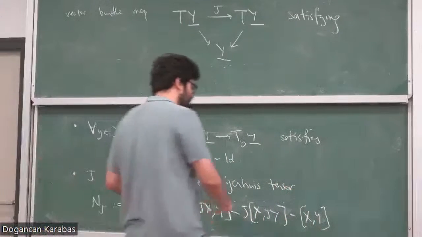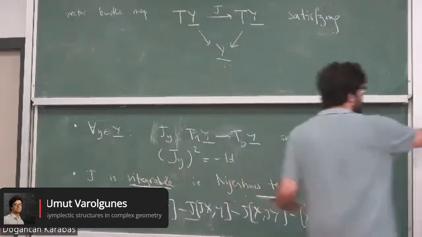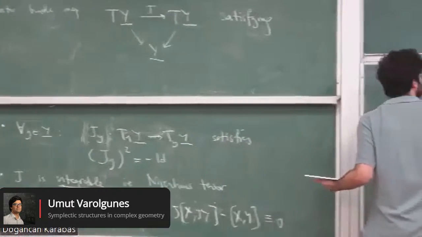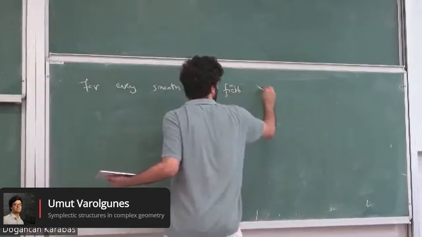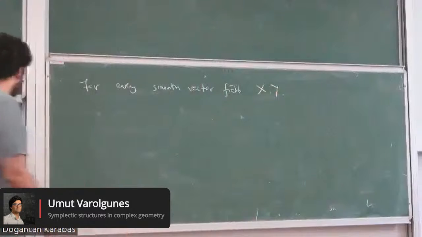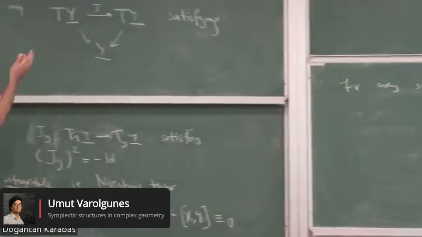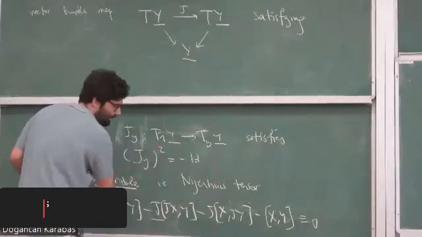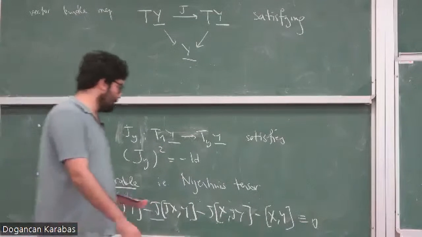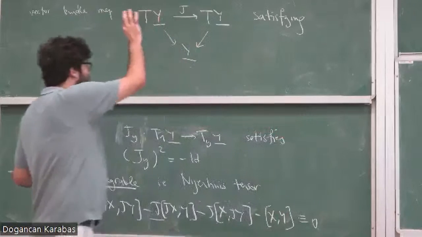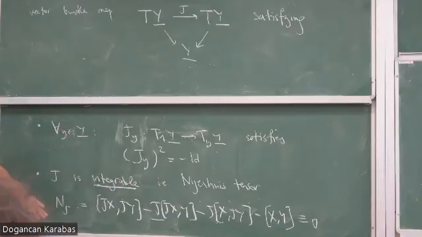And this should be 0 for every smooth vector field X, Y. So whenever I input two smooth vector fields on my manifold Y underline, this complicated thing that I write here should be 0. So my claim is that a complex manifold is equivalent to this data satisfying these two properties.